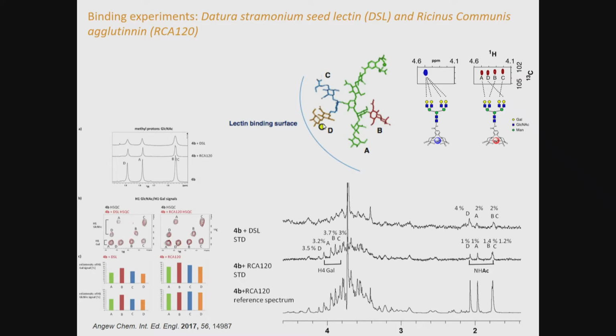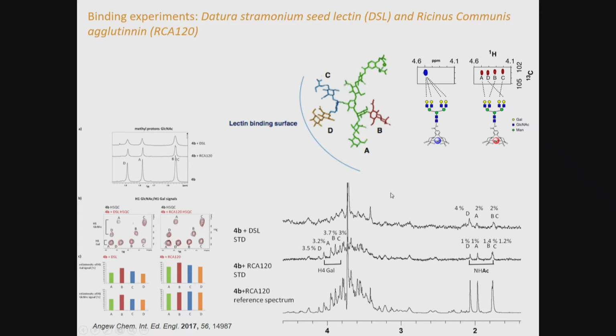In this case, we have also performed binding experiments to see if we can derive information about the recognition of these structures. Again, we have used STDs because they are very powerful here, as we can distinguish the arms. For instance, with Ricinus communis agglutinin, a plant lectin that recognizes galactoses, we have similar STDs for all the arms. Then this lectin can bind to all of them.